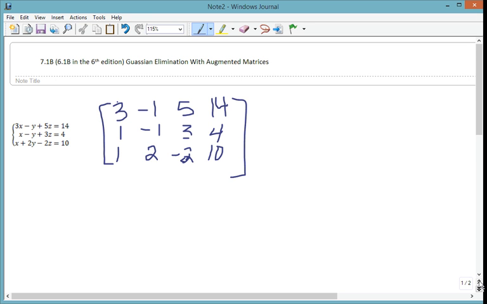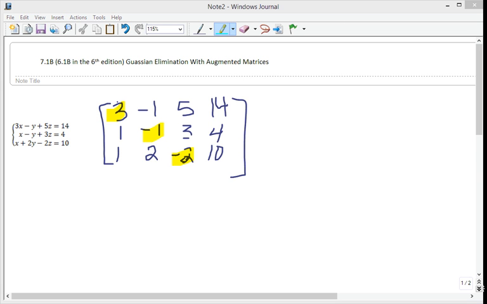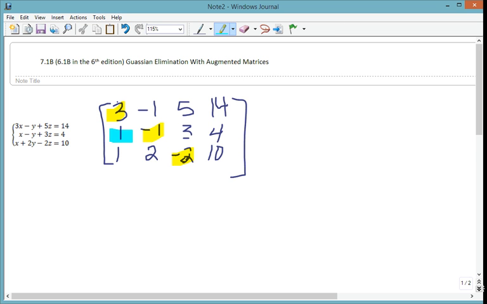Okay, so the goal here is to get ones in these three places, because that's going to represent the x, the y, and the z, and we want zeros in all these places underneath them.